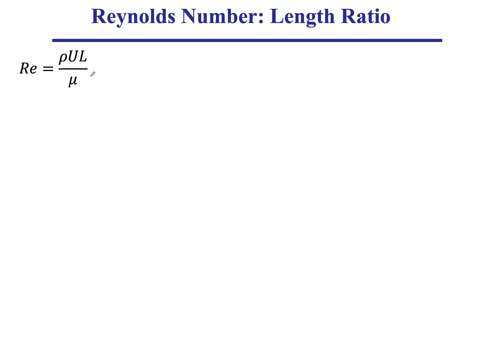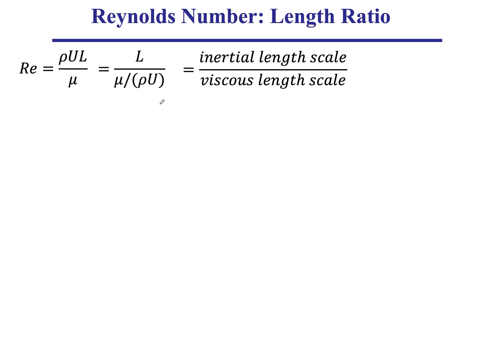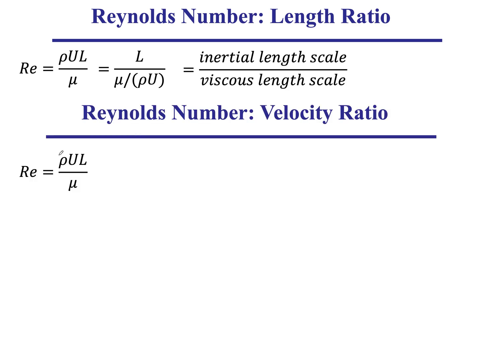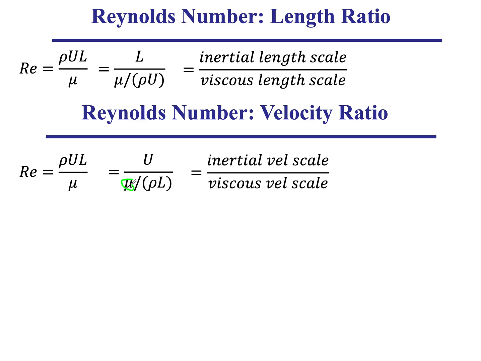And we started looking at what that Reynolds number might mean. In one arrangement, we thought of the Reynolds number as a length scale ratio of an inertial scale to a viscous length scale. And in another arrangement, we thought of it as an inertial velocity to a viscous velocity, just because it has a viscosity in there.